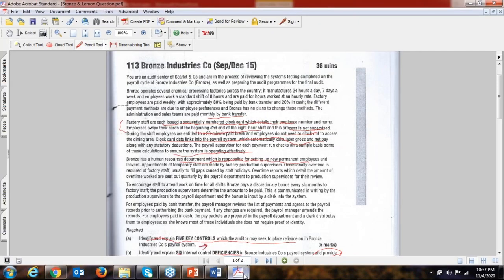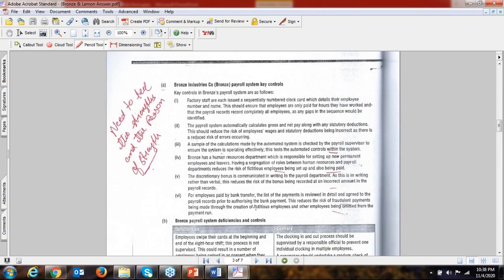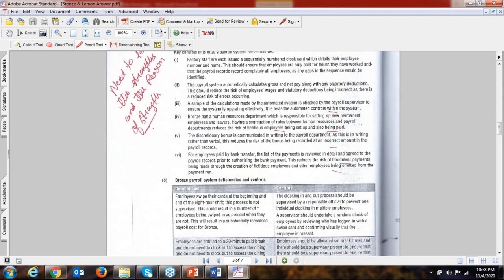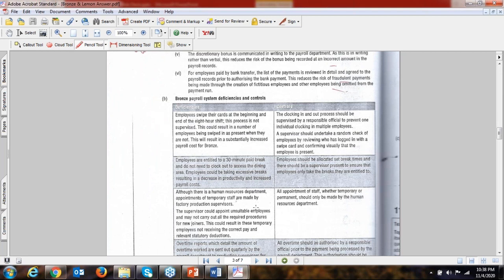So if we come to the answer, requirement A, I think we have done it. You don't need to read it in the class. Now, requirement B, here I'm going to clarify for you. Employees swipe their cards at the beginning and end of the 8-hour shift. This process is not supervised.